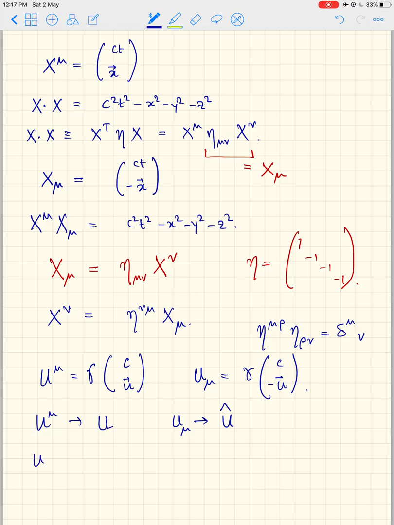So U transforms under Lorentz transformations to U primed, which is lambda U, but u hat transforms to u hat primed, which is actually lambda inverse u hat. So this is under Lorentz transformations.